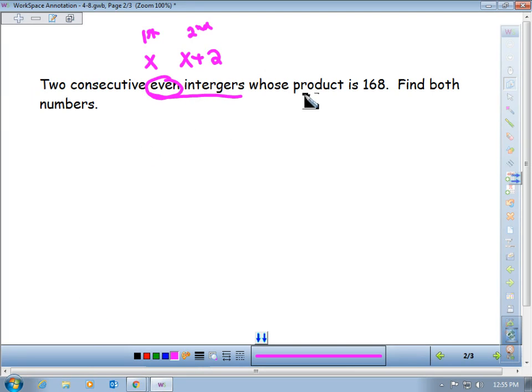So in this case, it says their product. Product means multiply. So I'm going to take x and multiply it times x plus 2. That says that product is 168. So once again, you say, oh, well, what can I do here?